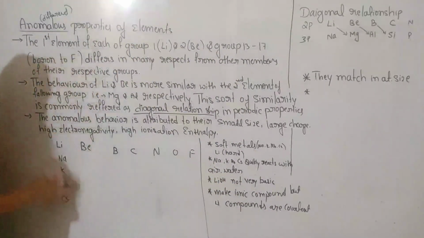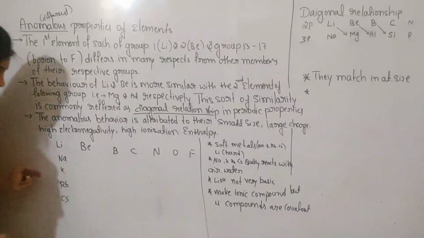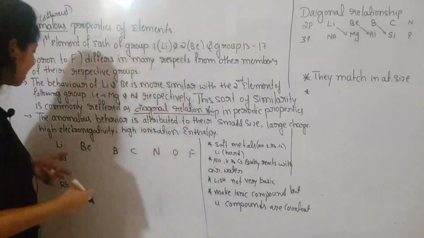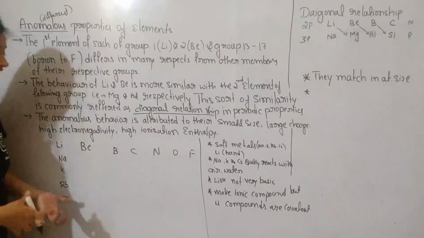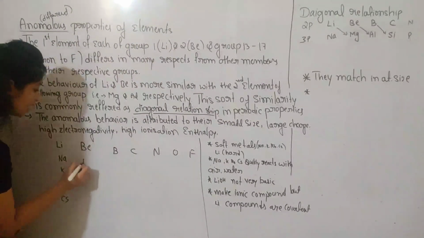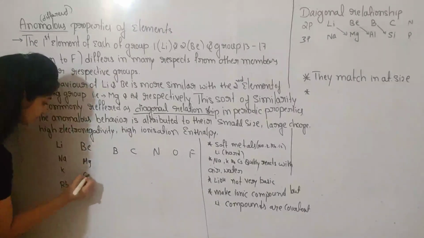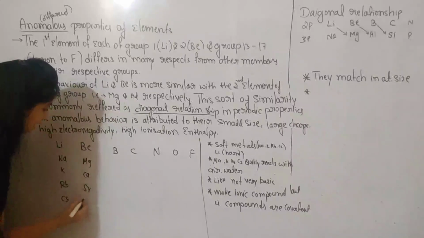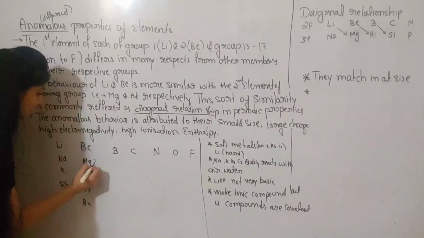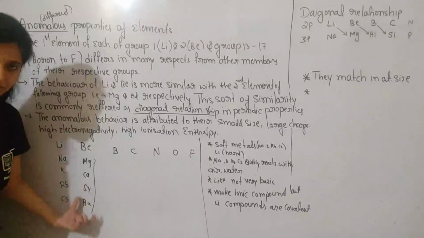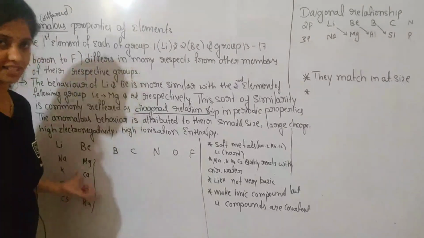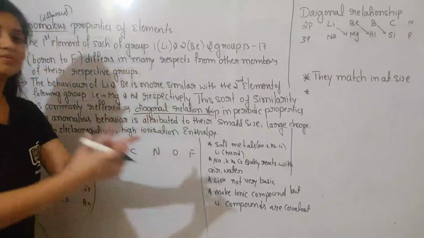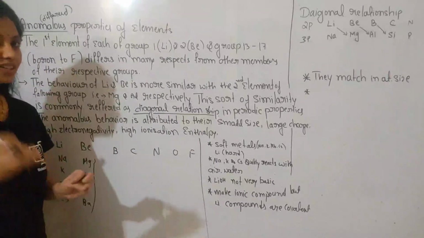In the first group, lithium, sodium, potassium, rubidium and cesium show similar properties. And next come to the second group: magnesium, calcium, strontium, barium. These elements also exhibit similar properties. The particular groups have elements with similar properties. Already you know that.